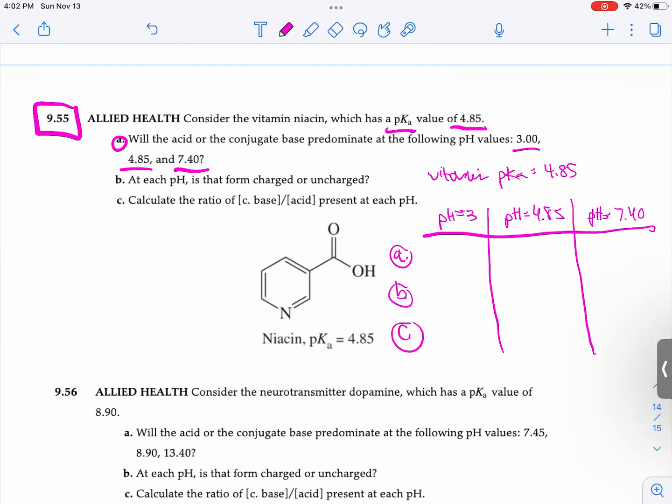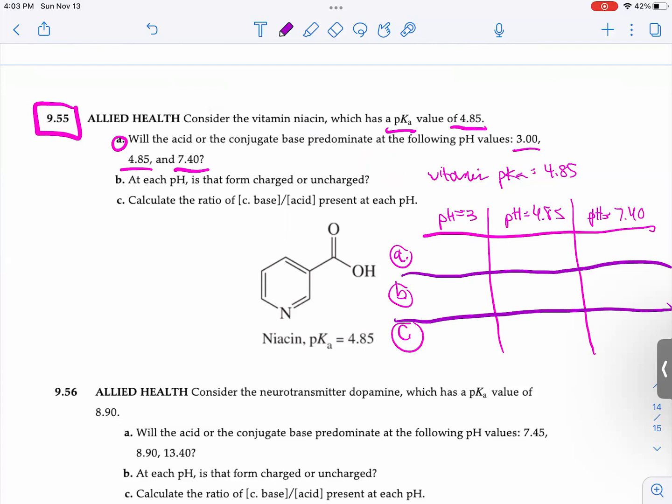All right. Let's see. So let's talk about pH of 3 first for all of these. Will the acid or conjugate base predominate at the following pH values? 3, 4.85, and 7.40.